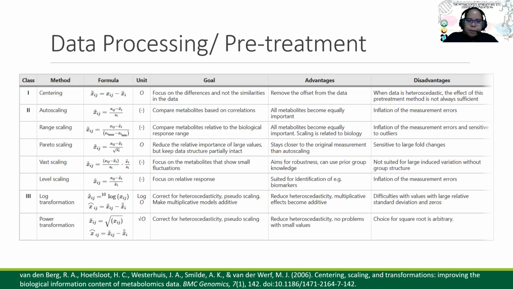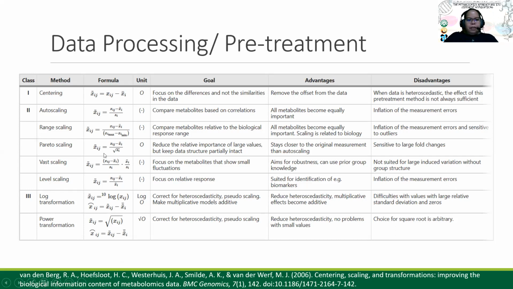And then subsequently, these will be divided by the standard deviation in case of auto scaling. And in the case naman ng range scaling, it will be divided by the range, so your X max minus your minimum X value.